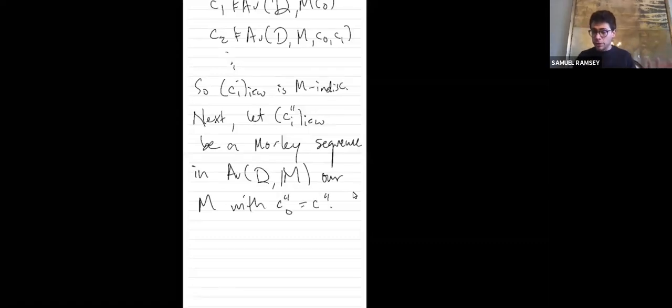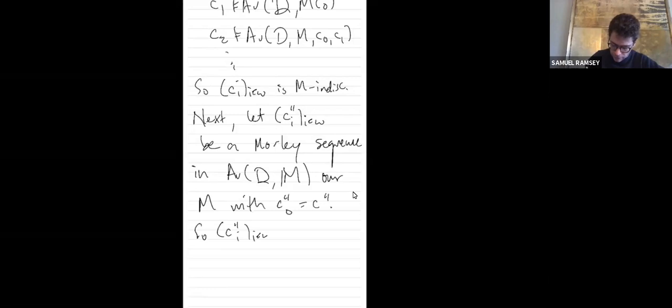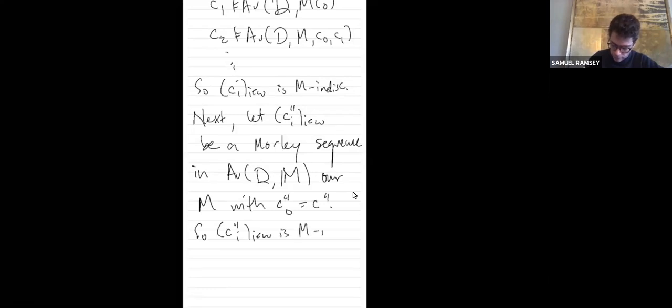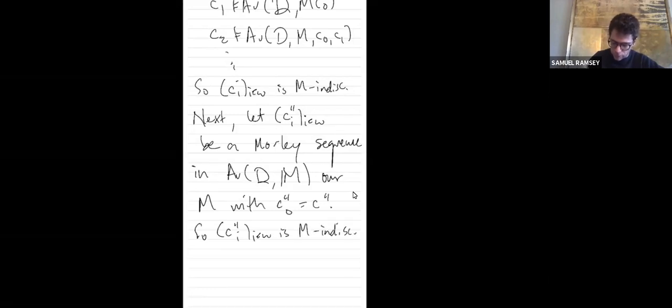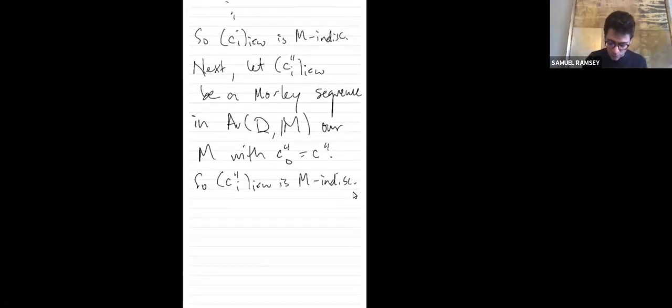So we do the same thing now, starting with our other sequence. And we can do this because both of these elements have the same type over M. So C prime prime can be my first realization, and then I realize it over that element, then I realize it over those two, and I realize it over those three, and that gives me another sequence. So also C prime prime_i, i less than omega, is M-indiscernible.